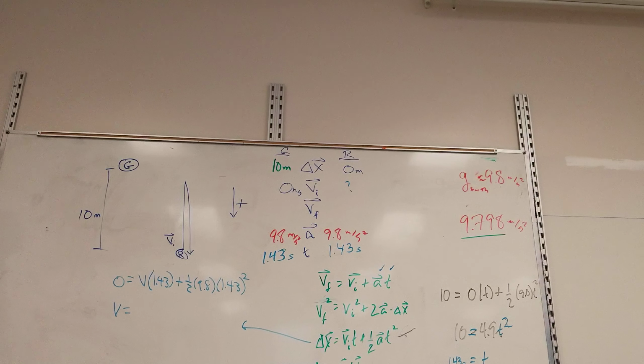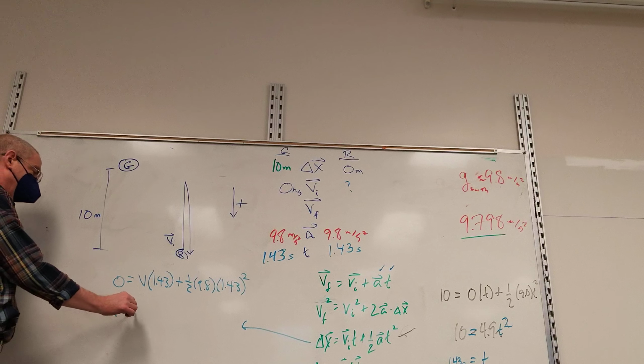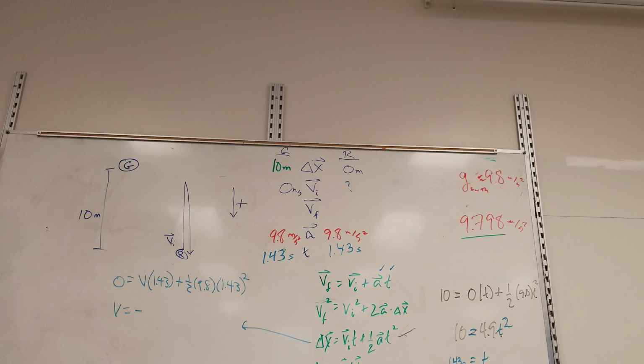And you end up with V is equal to whatever that ends up being. So 4.9 times 1.43, it'll end up being negative. So 6.6 or so.